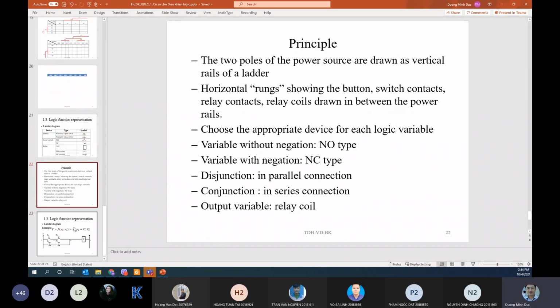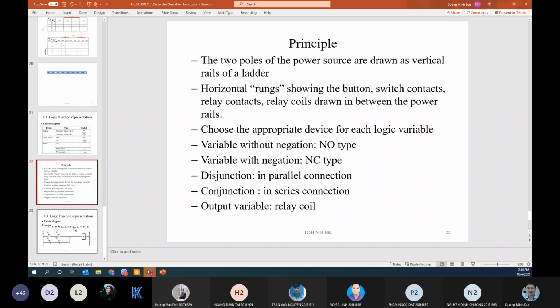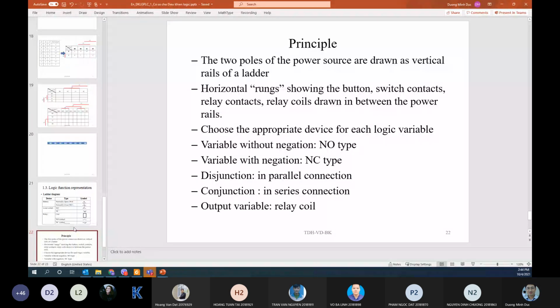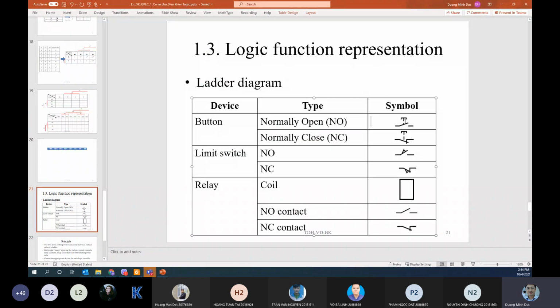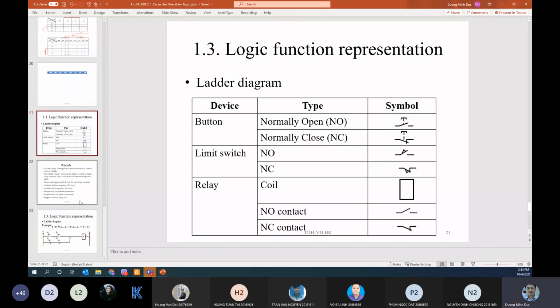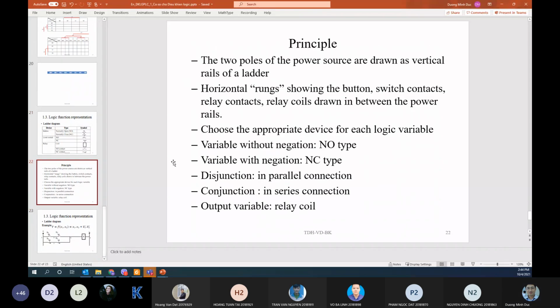The principle is a ladder diagram. The two poles of the power source are drawn as the vertical rails of a ladder.